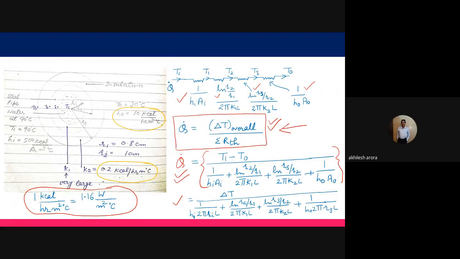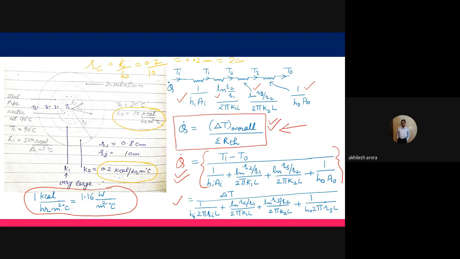So the value of RC should be equal to Ki divided by H naught, which is 0.2 divided by 10, so it is equal to 0.02 meter, which is equal to 2 centimeter.